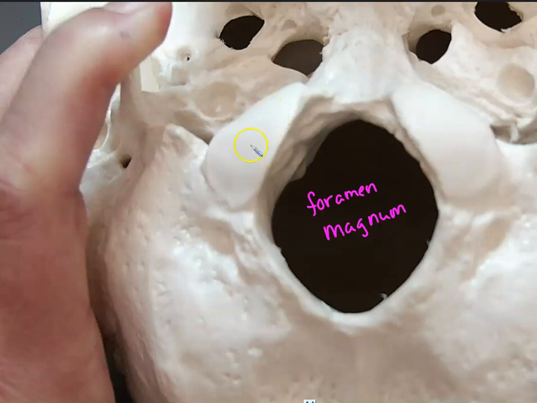What sits on here is your C1 vertebra, and it allows you to shake your head, and in lab I'll show you this. Well, this is a condyle, so that one's a condyle as well, and this is on the occipital bone, so these are occipital condyles. So if I were writing myself a note, I might say the little flaps around the big hole. Those are the occipital condyles.